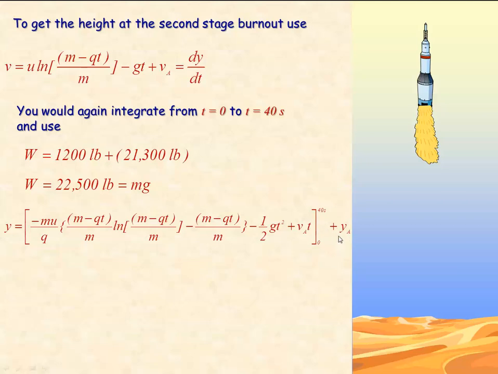And then you're going to assume that you started out with an initial position of y sub a, because that's what you're looking at 40 seconds from the first burnout, okay? So when you plug the numbers into that, you get 126.8 miles, and that's the velocity, or excuse me, that's the position of the rocket as all the fuel is burned out.